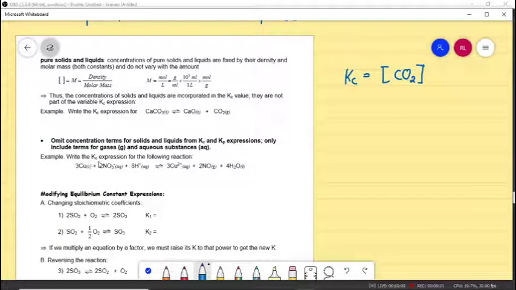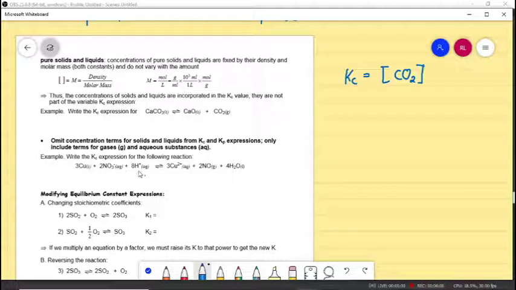Write the equilibrium expression for the following reaction. You have 3 moles of solid copper plus 2 moles of aqueous nitrate. When we say aqueous, this is in solution with water, meaning the solute here is being dissolved in water.